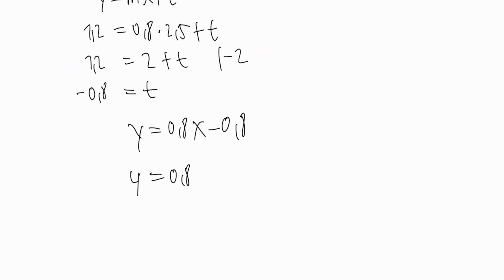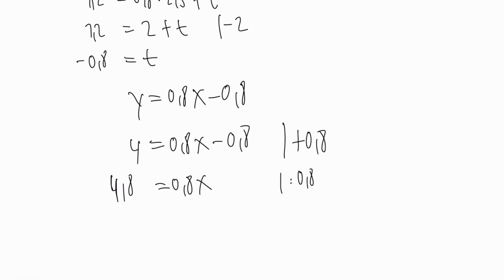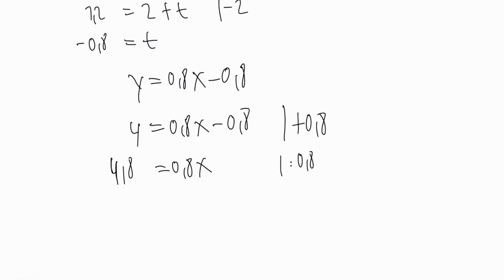So 4 equals 0.8x minus 1.8. We add 1.8 on both sides, which gives us 5.8 equals 0.8x. Then we divide both sides by 0.8, and this gives us x. If you do not have a calculator, you can also do 48 divided by 8.